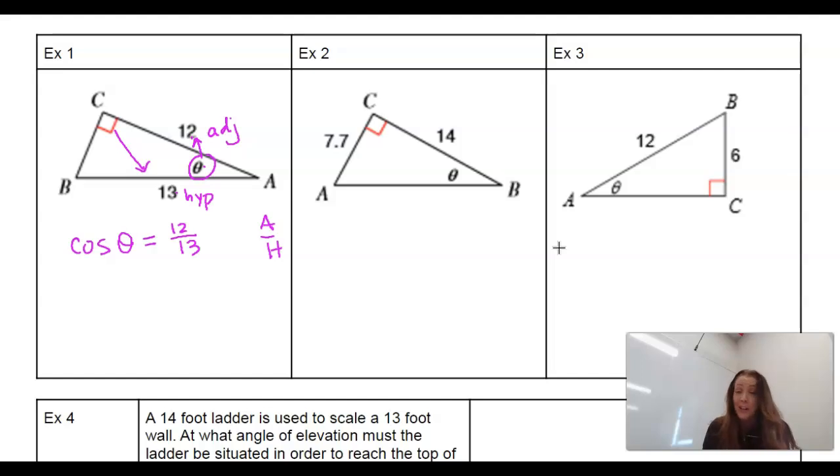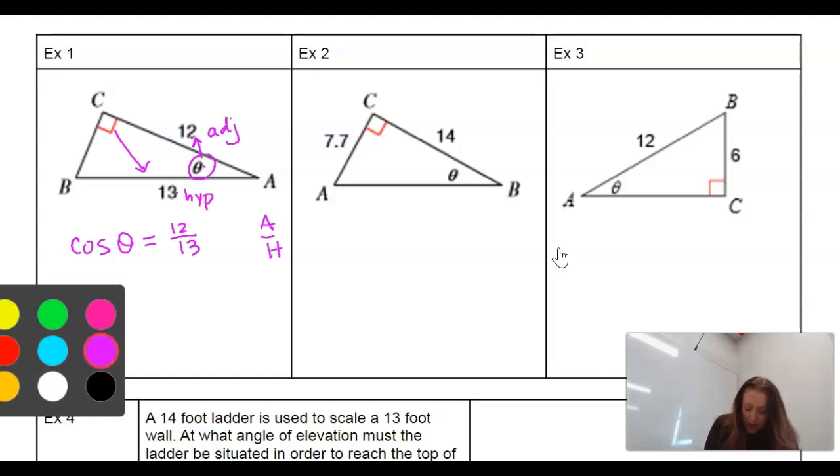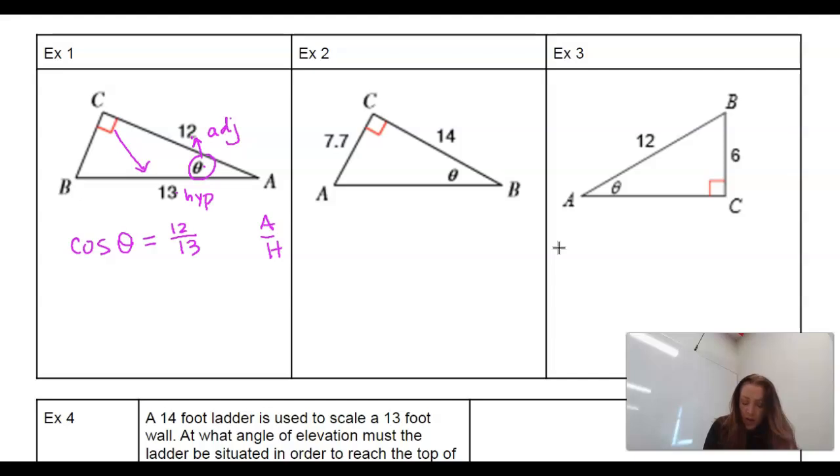It's not incorrectly written, but the idea for inverse really comes from, well, I can't divide by cosine, so how do we get theta alone? That's where the notation comes in. In order to get theta outside of the trig function, we have to remember the notation.